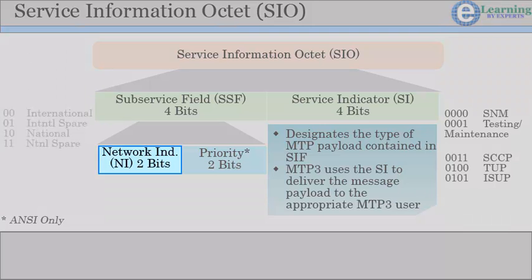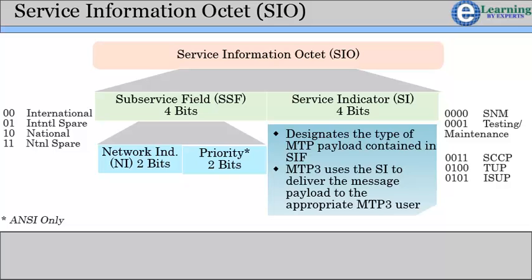The NI indicates whether the message is for a national or international network. A national network can also discriminate between different point code structures used by different countries, and invoke the appropriate version of the message handling functions accordingly.